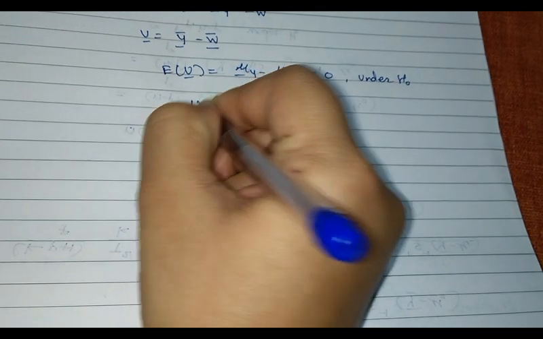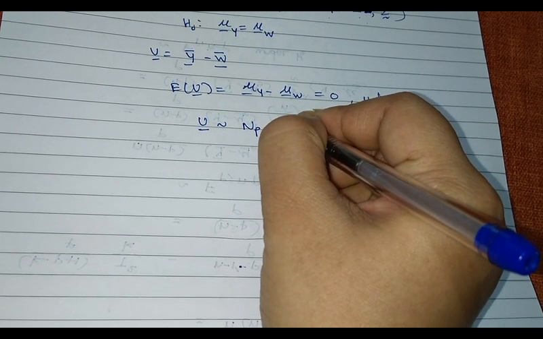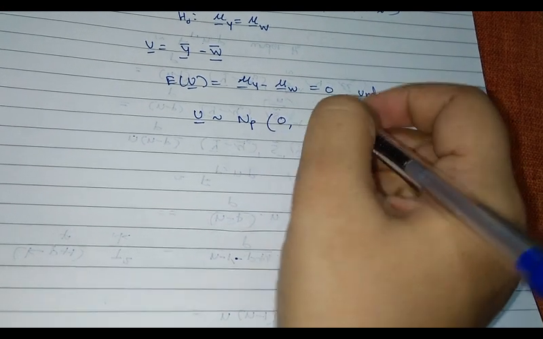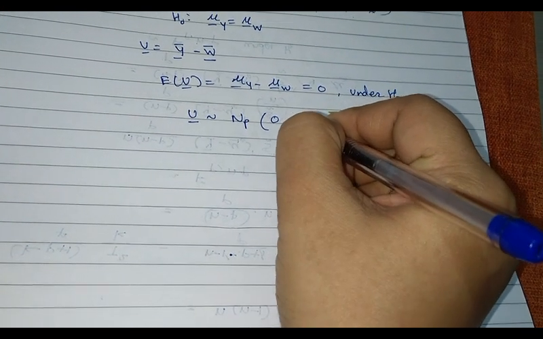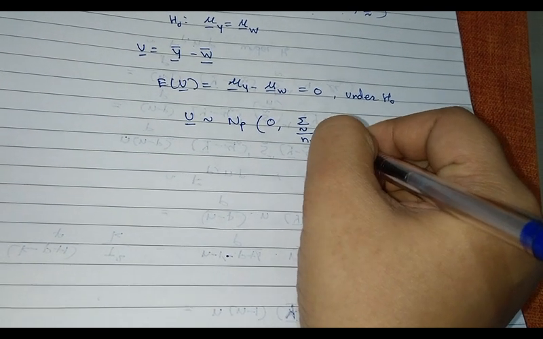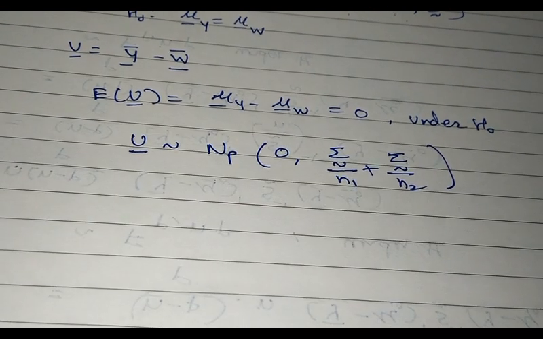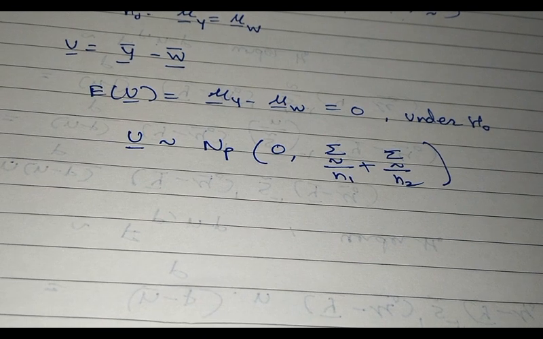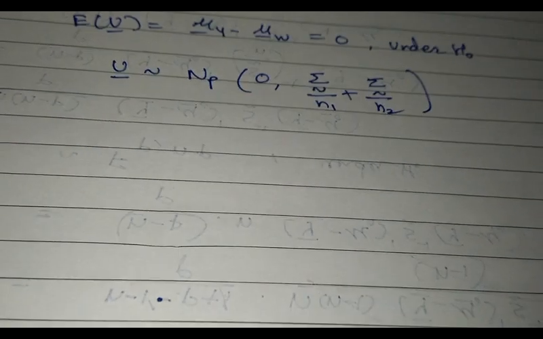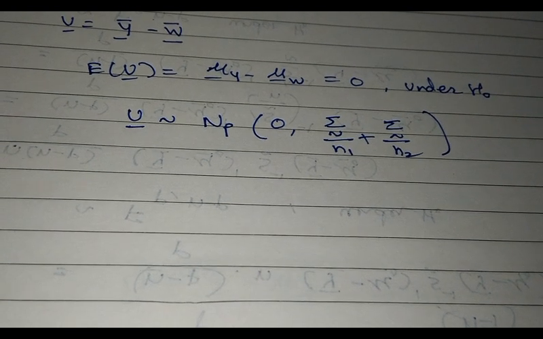Because of this independence, I can now claim that u has a p-variate normal distribution with mean 0 under H0, and the variances would get added: sigma by n1 plus sigma by n2. Right, because they are independent, there is no covariance term, the variances will just get added. Variance of y bar is sigma by n1, variance of w bar is sigma by n2.